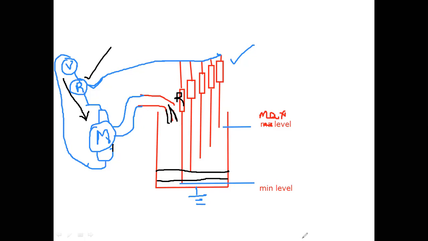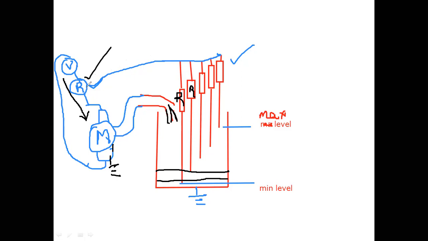Now the water level has risen till here. This is R and this is R, so more resistance is added to the network. It is becoming a short circuit path now, this is ground. More resistance, R plus R, 2R, is added here.